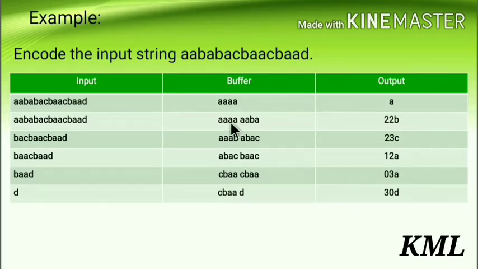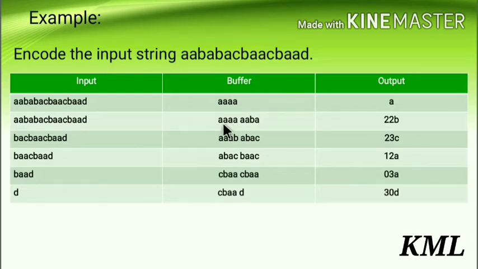Next, how to write the output. The first parameter is your position. While writing the position, you refer to the left hand side buffer. Positioning starts from 0, 1, 2, 3. Now how do you get this 2? You write the position from where you are starting the matching process.